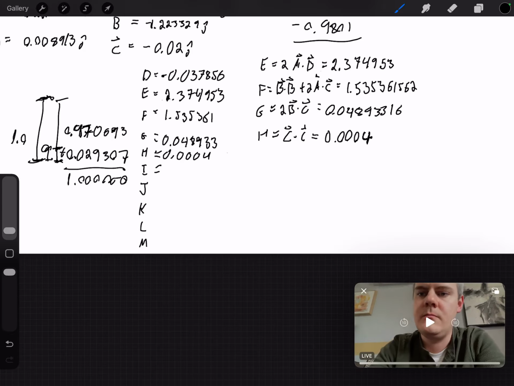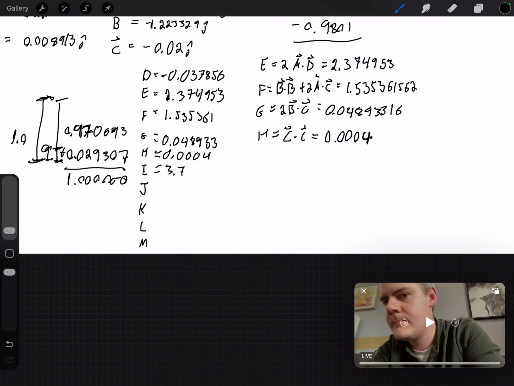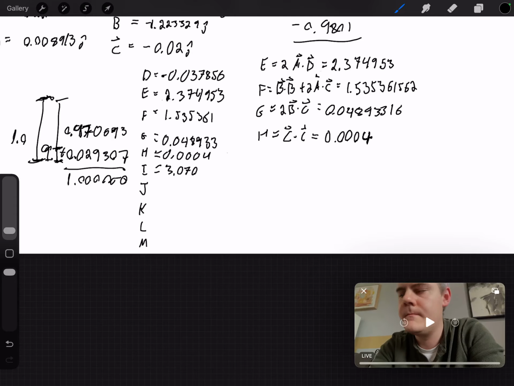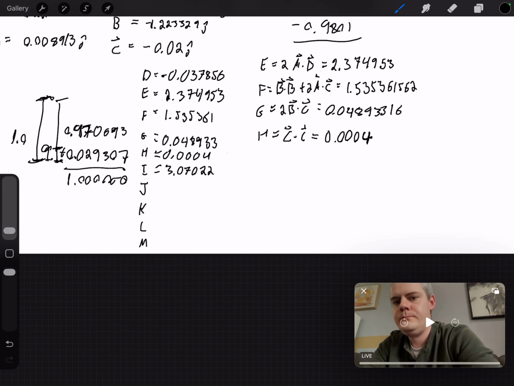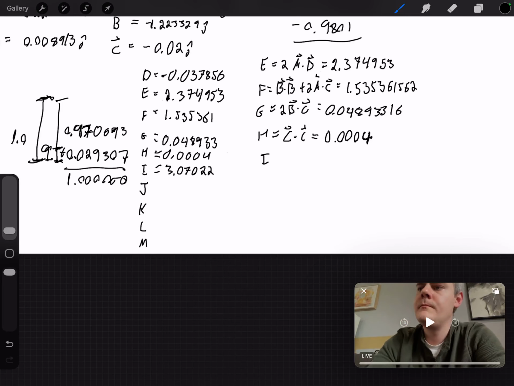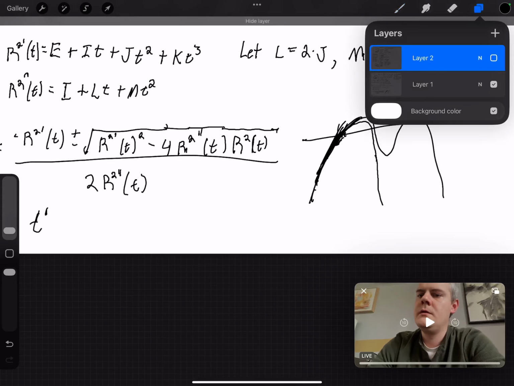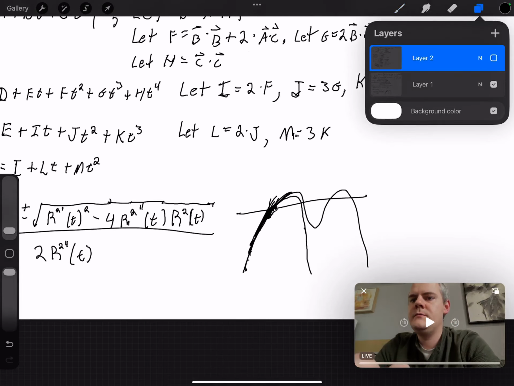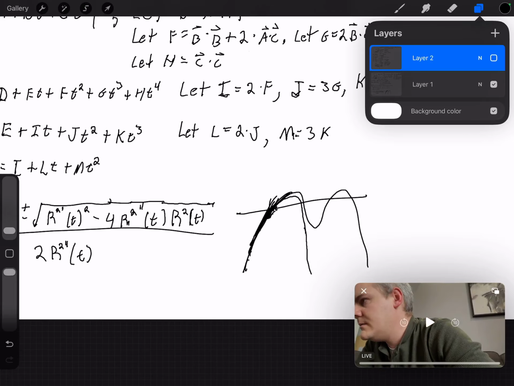That's pretty big. .07022. And that was 2F. Is that it? 2F?